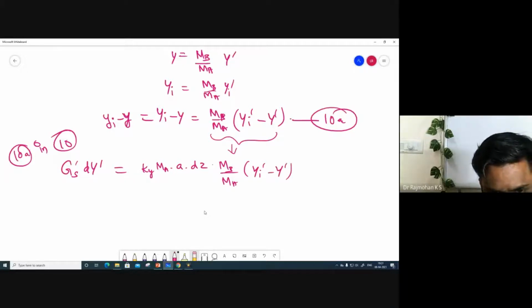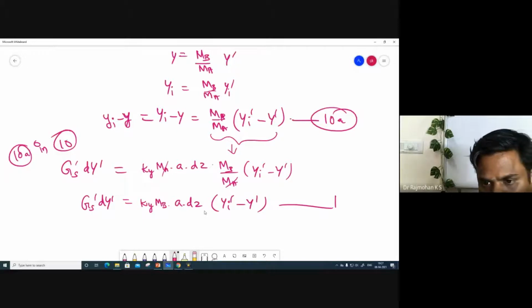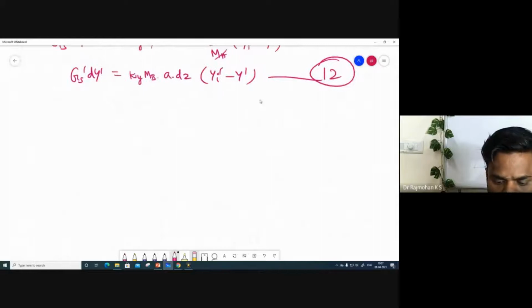Now this MA will get cancelled, so what we have is ky MB into a into dz into (Yi dash minus Y dash). Gs dy dash is equal to this, and if we name it as 11, this will become 12. So this is equation number 12 we have.